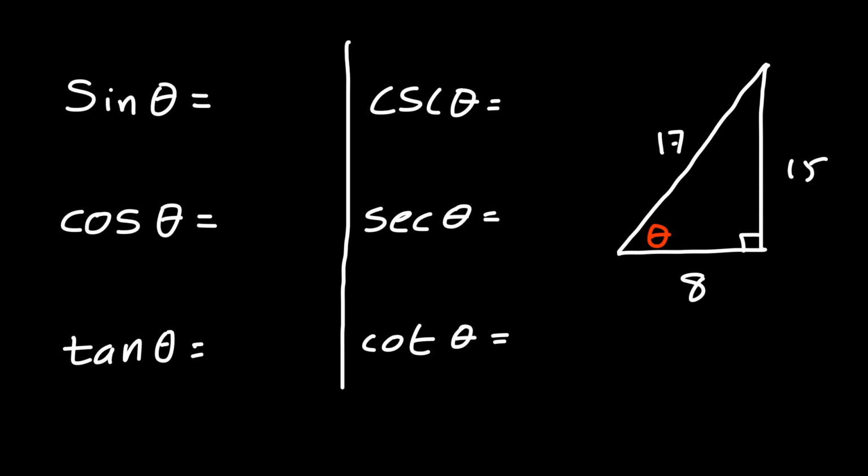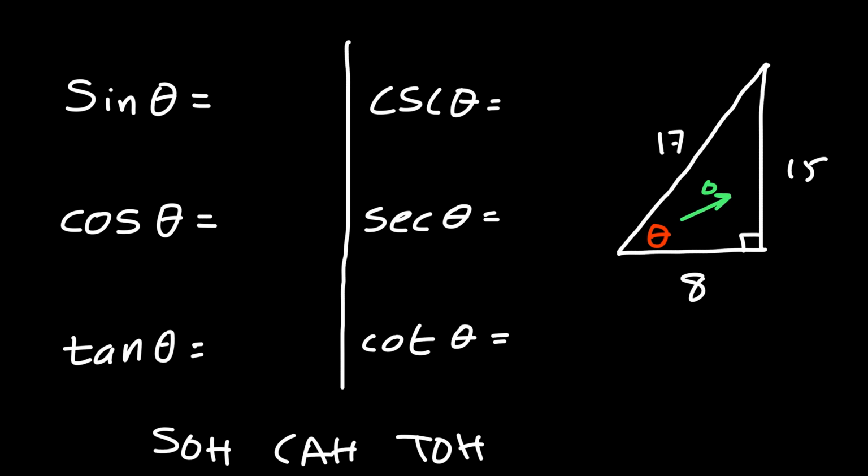Now let us find these values. First, let us write the three terms, which is SOH, CAH, TOA. We'll start with the sine. Sine, according to this term, equals opposite divided by the hypotenuse. Now, this is theta. The side which is opposite to me is 15. So let us write it here.